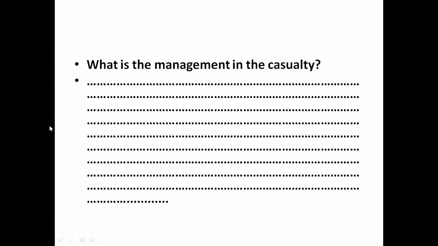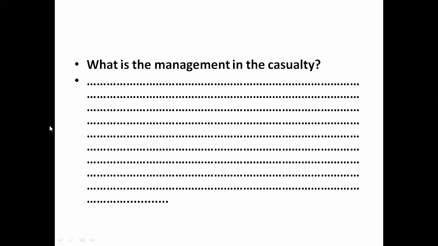Next, what is the management in the casualty? The patient comes to you with a strangulated inguinal hernia. First, start with resuscitation, because strangulation may come with sepsis, and the patient may be in shock. ABCs: airway, breathing, circulation.